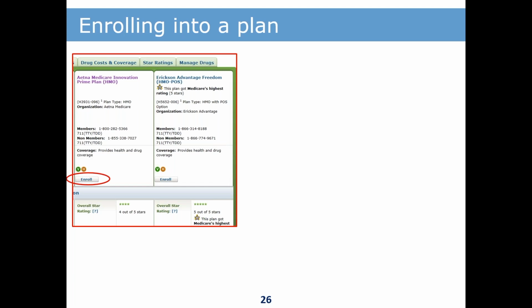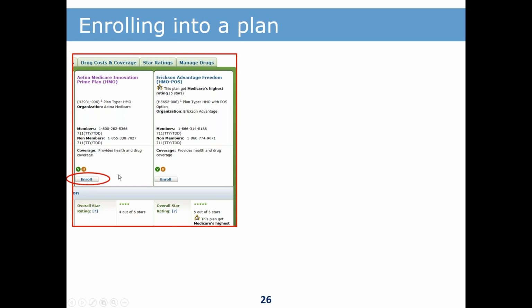We recommend either using the online enrollment gateway or 1-800-Medicare because you have some documentation of how it went. So that's kind of helpful. But if there are questions that the person needs to ask of the plan, they should call the non-member or member number, probably non-member if they're considering enrolling in the plan and have questions about it.